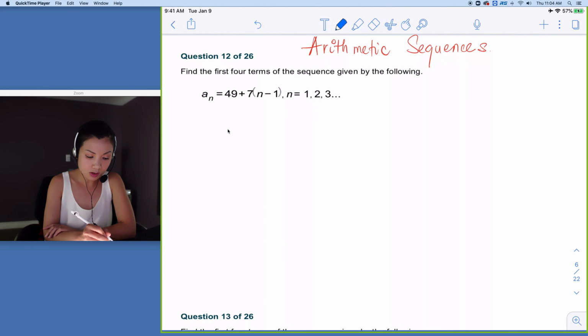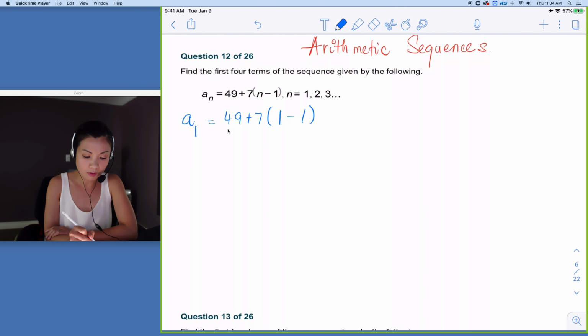So it's straightforward. All you have to do is do it one by one. So a1 is going to be 49 plus 7, and then n is going to be 1. And then from there, you just solve it. So what I have for this first one is 49.